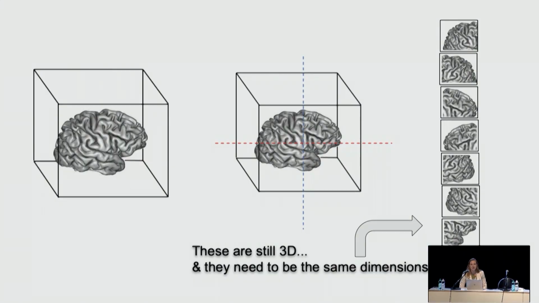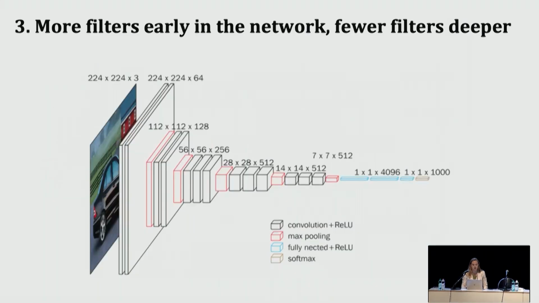It's really hard to make 3D figures. They also need to be the same dimension. So even though there might be a different amount of brain in each channel, the actual physical size of them needs to be the same because the network needs images of the same size. Otherwise, it gets a little more complicated.